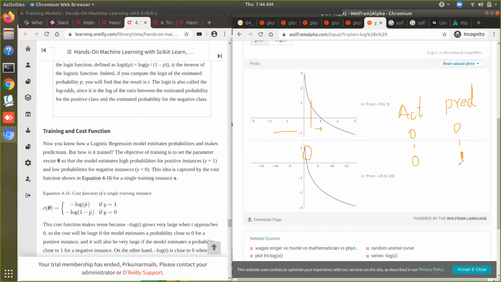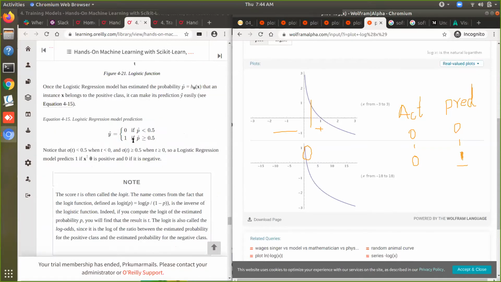What does it mean? It means the probability value is greater than 0.5. That is wrong. It has happened, but it is wrong.